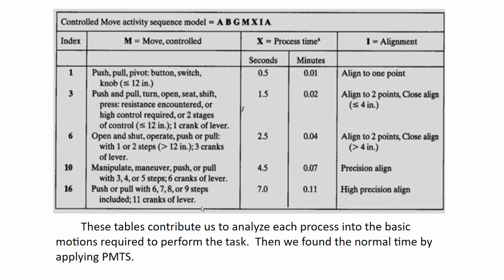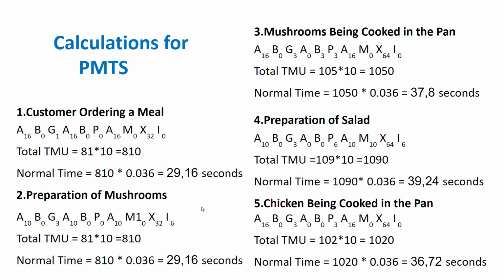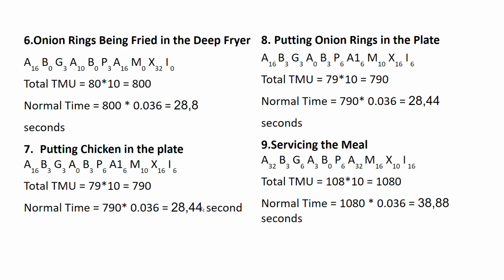This table helps us analyze each process into the basic motions required to perform the task. Then we find the normal time by applying PMTS. These are the calculations for PMTS. We did the calculations for each of the 9 processes as shown.